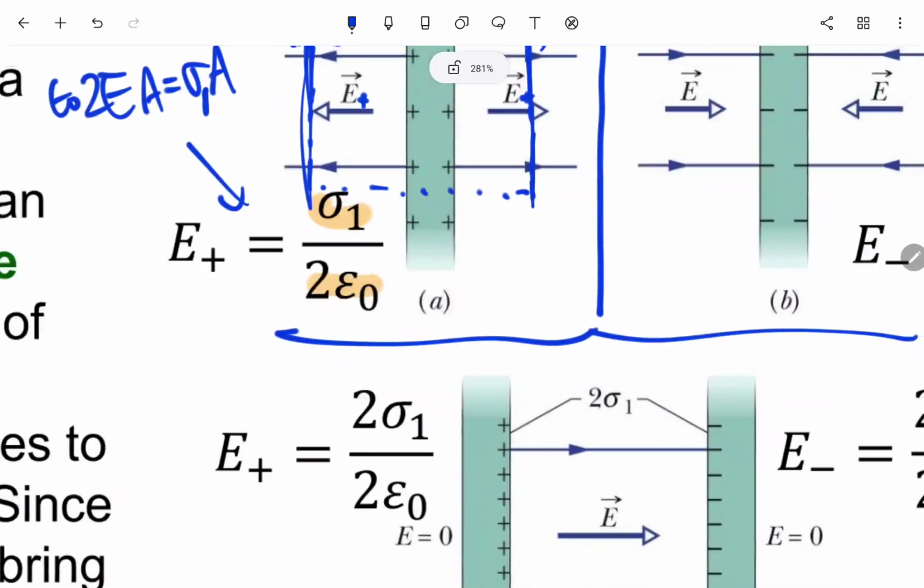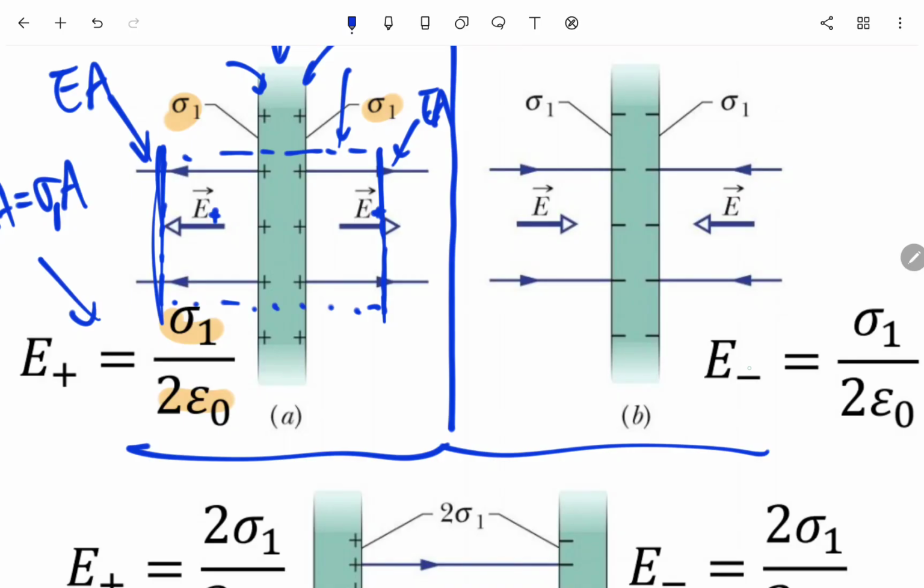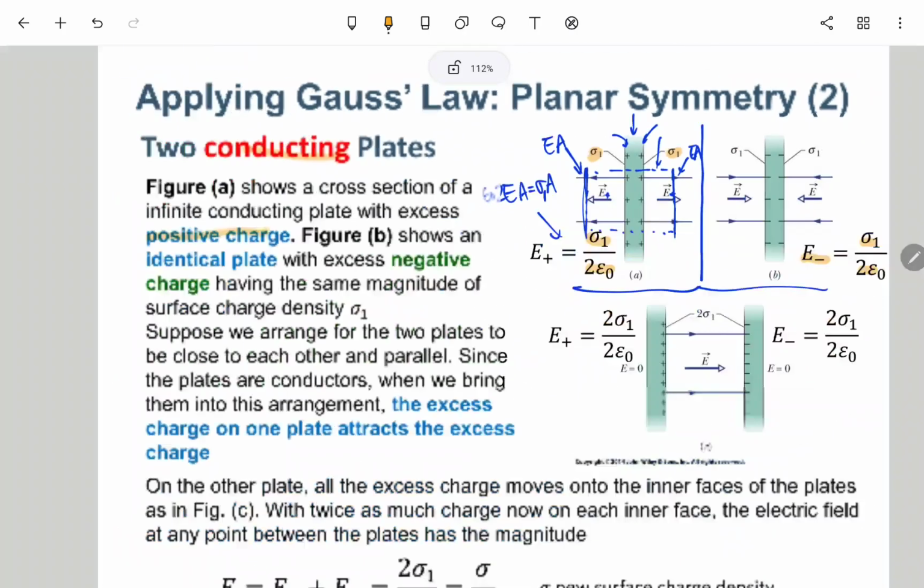So we have E plus, and similarly, if we have a negative charge, E minus will be sigma 1 over 2 epsilon naught.